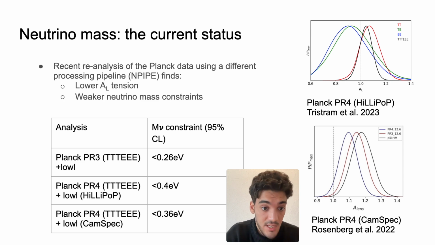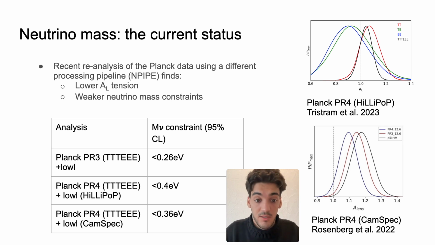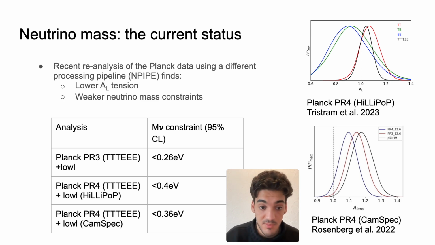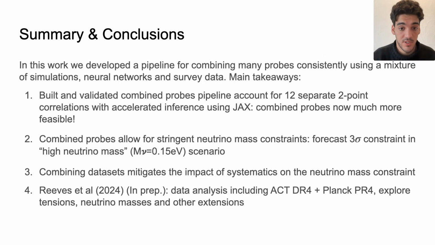And you can see already the impact on the neutrino mass constraints, that they degrade significantly compared to PR3. So it does seem like this A-lens is having some effect on these neutrino masses that we derive. And that brings me nicely on to the conclusions, because that's exactly the sort of effects that we want to explore in our data analysis for the upcoming paper.